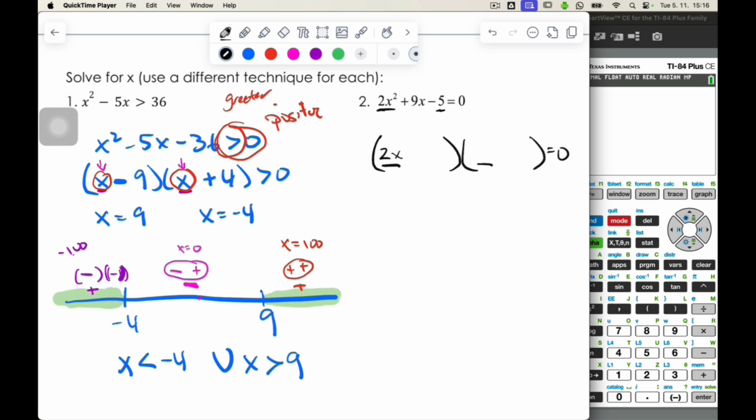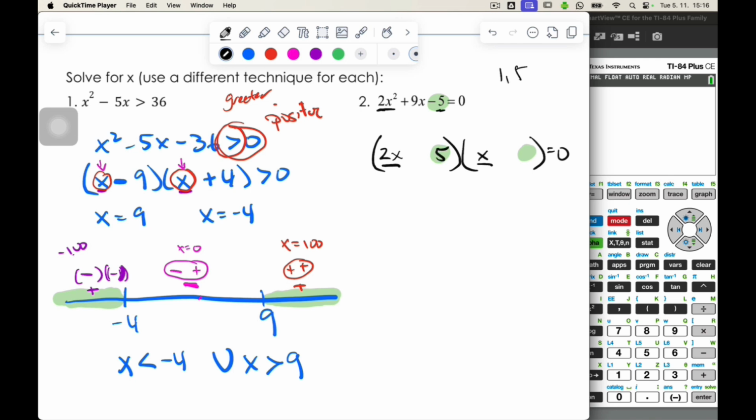The only option is 2x and x. The next thing I have to consider is these two spaces, which have to multiply to get negative 5.